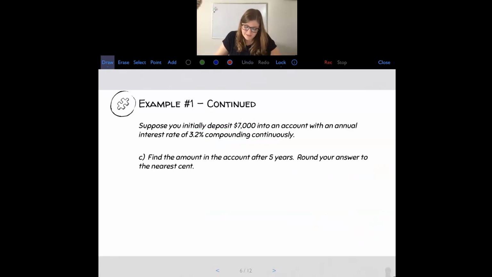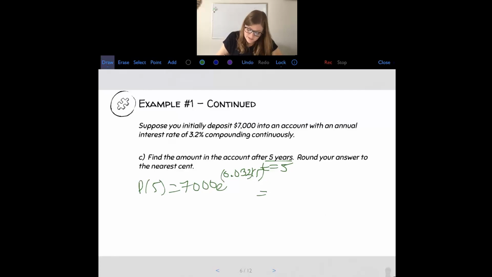Part C, find the amount in the account after 5 years. Round your answer to the nearest cent. After 5 years means t is equal to 5. So we have P of 5 is equal to 7,000 e to the 0.032 times 5. If we plug this into our calculator, 7,000, locate your e to the power of x, 0.032 times 5, close the parentheses, and we get 8,214.576097.